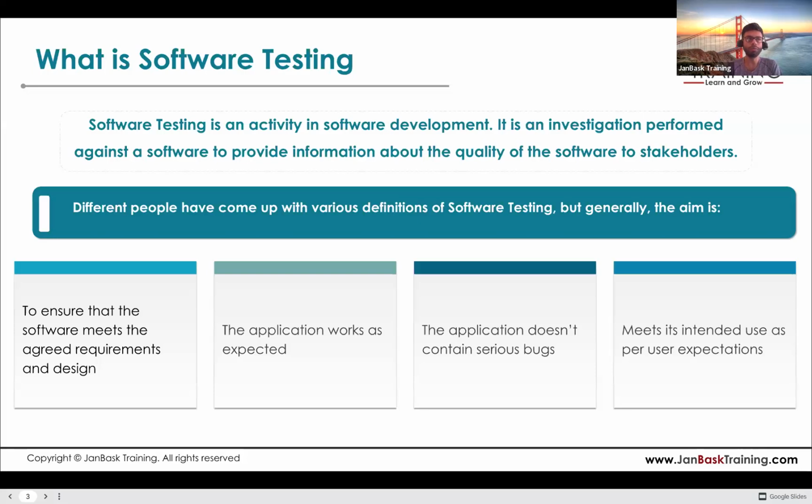So whenever you are testing a particular application, you should log the bug. Whenever you are finding any particular bug, just log it and let the management, the BA, the managers decide whether it has to be fixed or not.